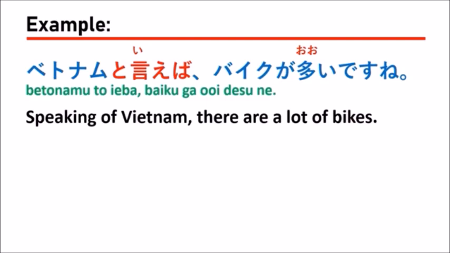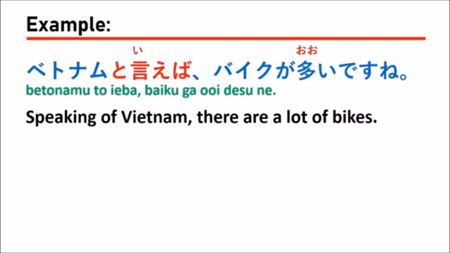In this sentence, we have the noun, Vietnam. After that we follow with to ieba, which means if we talk about Vietnam, you think about bikes, right?